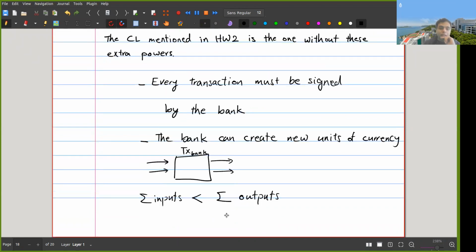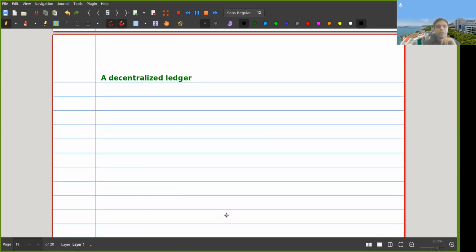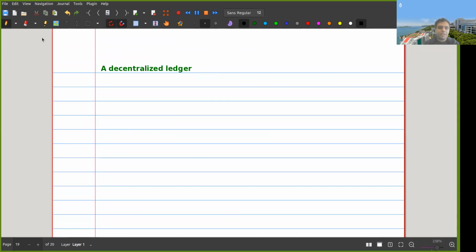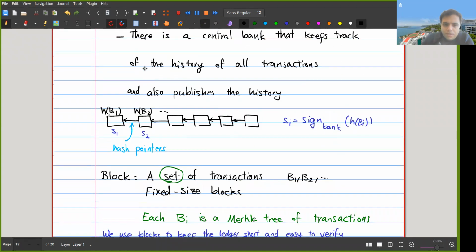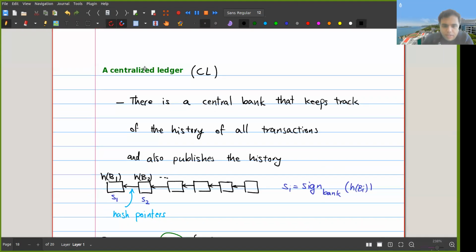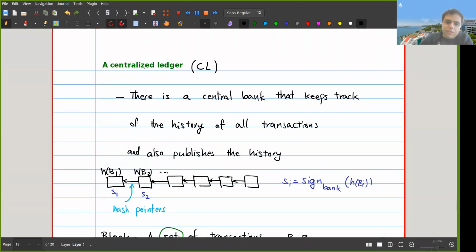Okay, but now let's go to our main topic here, which is how to make it decentralized. So if I want to make the whole thing decentralized, basically what that means is that I don't want to have a central bank, but someone should keep track of the chain, right? Of the chain of blocks, which we call the blockchain, of course. So who's going to keep track of this chain or this ledger?